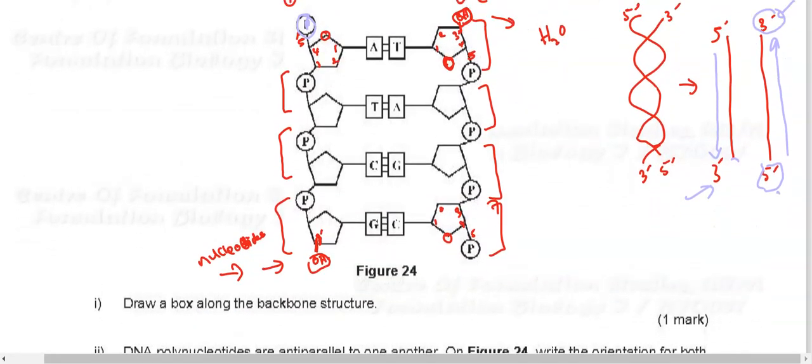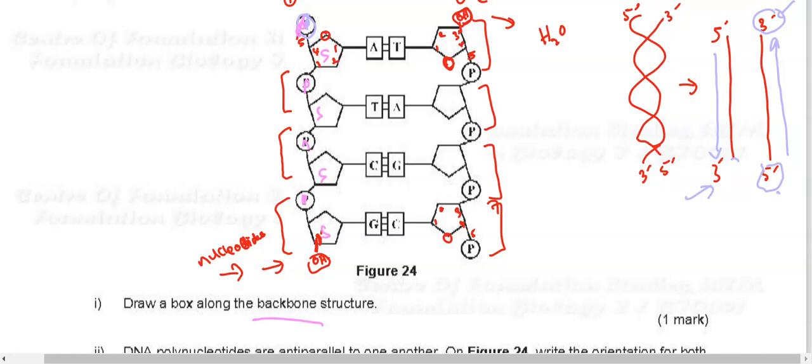In the question it says draw a box along the backbone structure. The backbone is the repeating unit of the polynucleotide: phosphate, sugar, phosphate, sugar, phosphate, sugar.